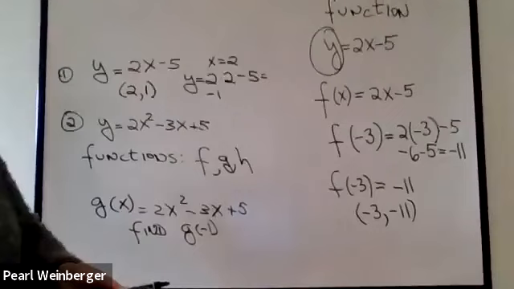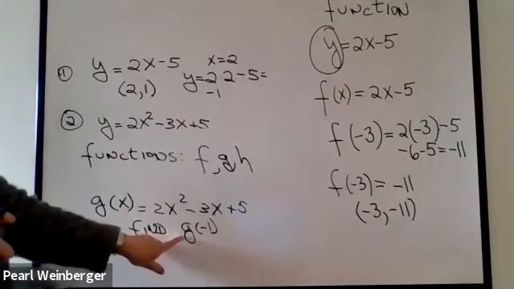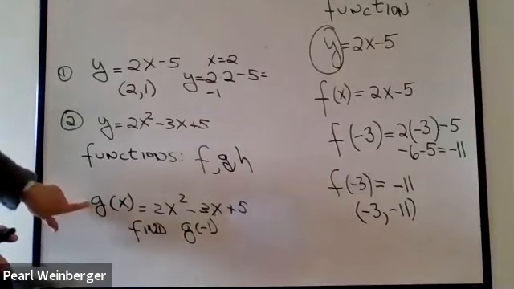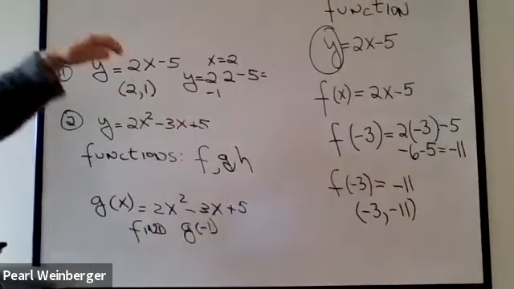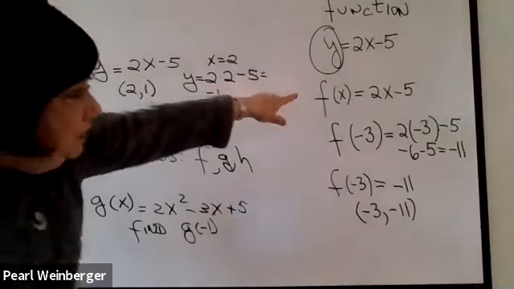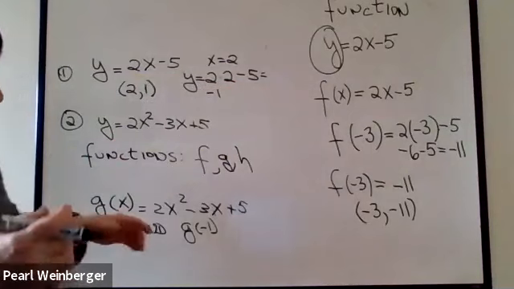Yes, replace x by -1. Right, which is what Emma wrote also. Notice, since I wrote g, I know I have to go to this equation, whereas if I asked you f of -1, I'd know to go to the other equation. It's really clear as to which equation I want you to use.